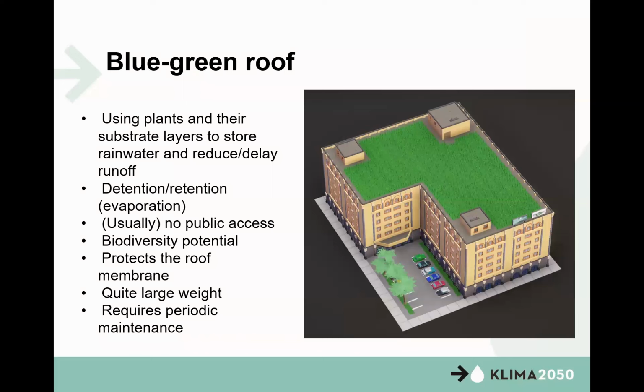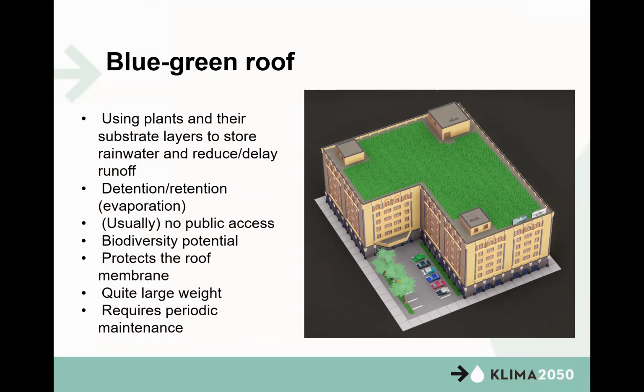So green roofs, or blue-green roofs, are built to address that problem, where you have living plants on the roof and use them as a sort of sponge to soak up rainwater. Guy was talking a bit about that earlier. And green roofs, again, usually have no public access.